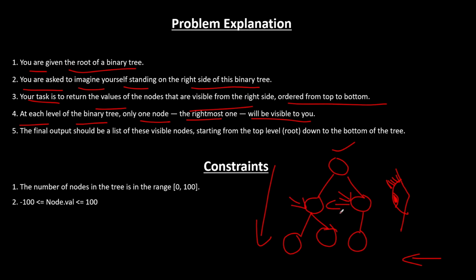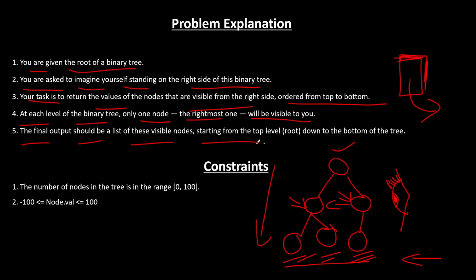If anything is behind something, suppose this is one box and another box is just behind it, our naked eyes would not be able to see it unless we remove the box from the front. The same thing is in this particular case. In this level also, you will just be able to see this particular node, not this one or this one. The final output would be a list of these visible nodes starting from the top level down to the bottom of the tree.